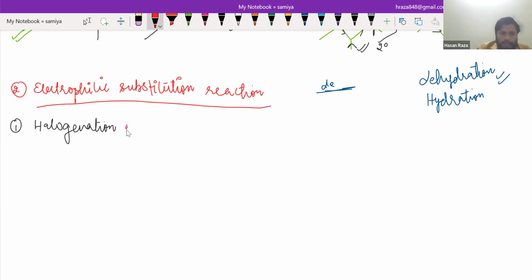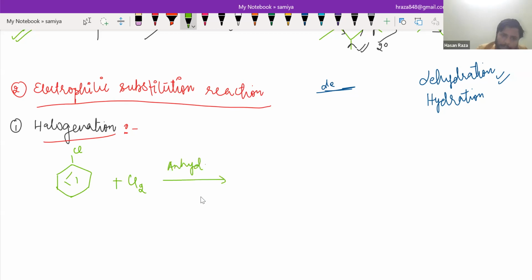This is so simple. So we are going to react a haloarene. I'm going to take chlorobenzene. This is a haloarene. And in order to do halogenation, or chlorination, that means we are going to add halogen to this. Cl2 will be added in the presence of anhydrous AlCl3.